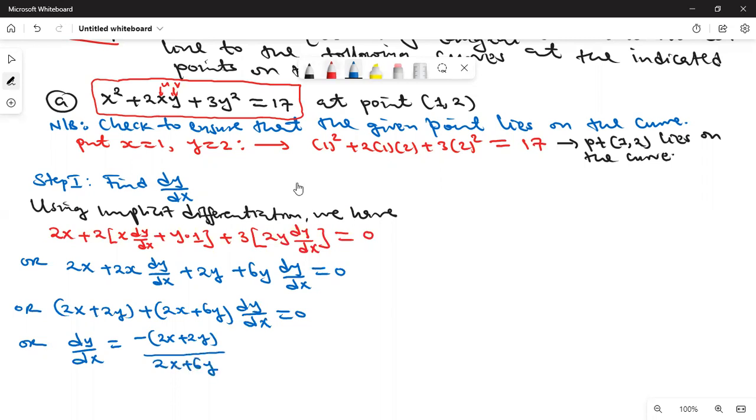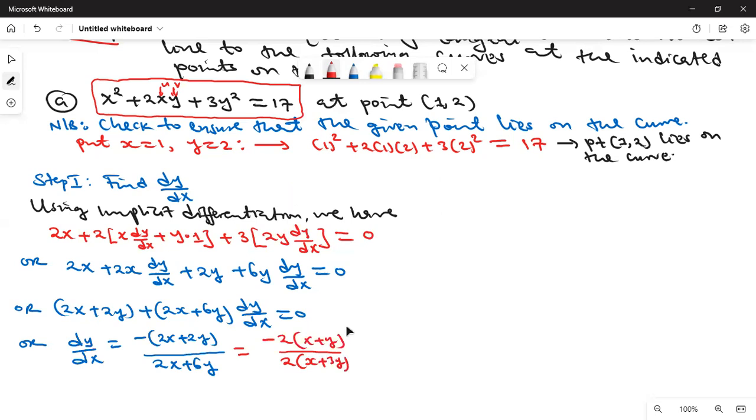And if you simplify, you see 2 is common in the numerator and denominator. That will give you negative 2 times (x plus y) over 2 times (x plus 3y).